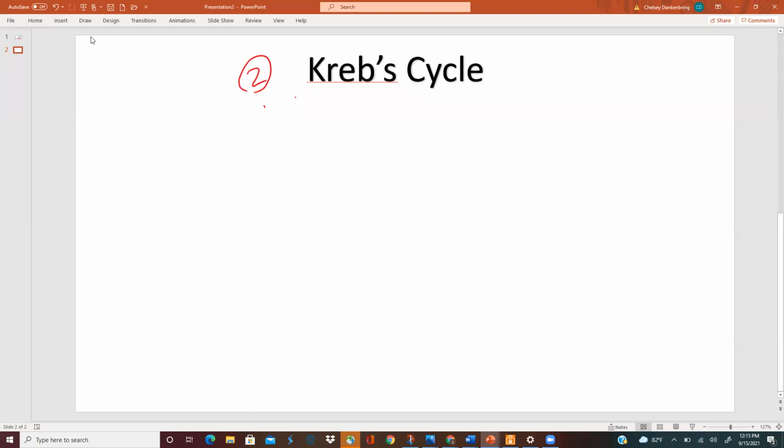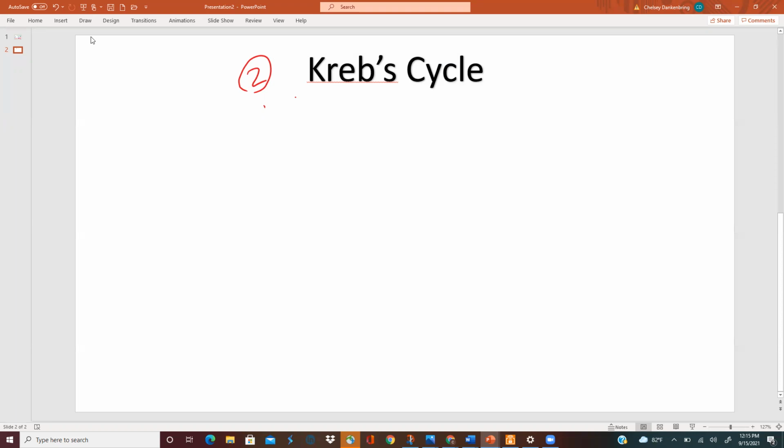The Krebs cycle is exactly as the name implies, which is a cycle. So what's going to happen? We just made 2 molecules of acetyl-CoA during the linking step, but only one acetyl-CoA can actually enter the Krebs cycle at a time.